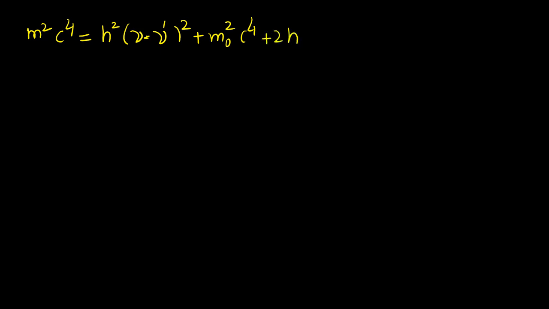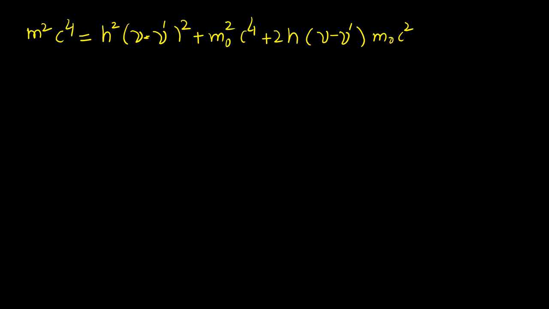After squaring this equation, we get m square c4 is equal to h square into nu minus nu dash whole square plus m naught square c4 plus 2h nu minus nu dash m naught c square.